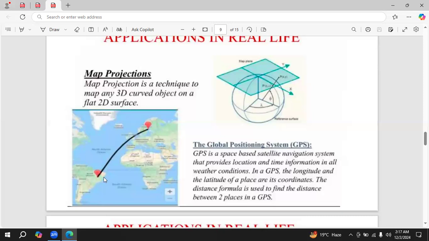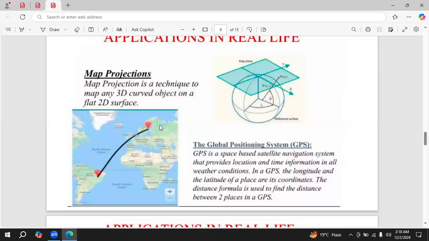Again, if you talk about the airline, the first station, the first place from where you are going to take off, is always taken as your reference point, and your destination is the next coordinate point. If you have further destinations, there will be more coordinate points accordingly.